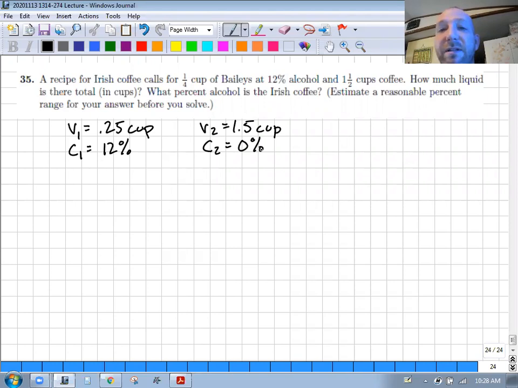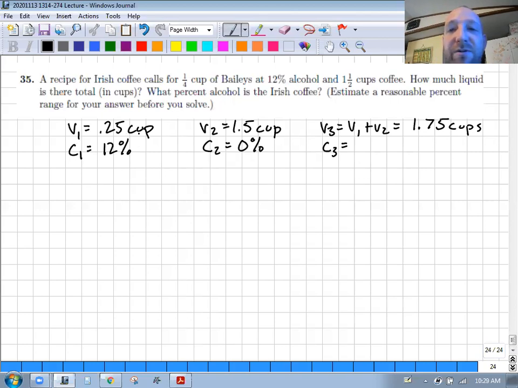How much liquid is there total in cups? V1 plus V2, that would be 1.75 cups. And what is the percent alcohol? Estimate a reasonable percent before you solve it.